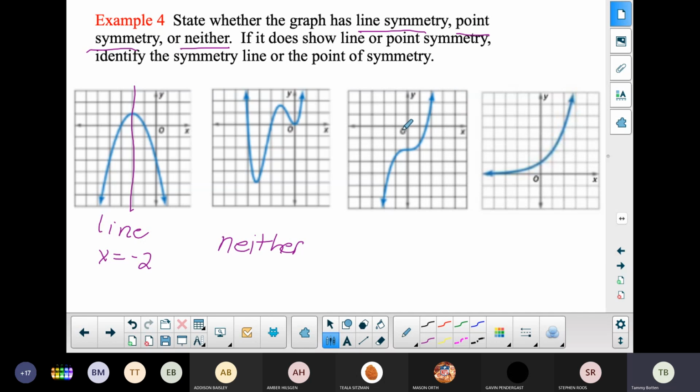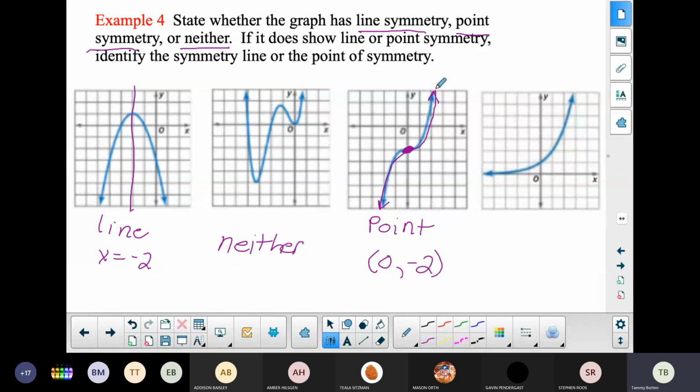Now if I go to this one, I have point symmetry. If I turned it upside down, this section would map onto this section. And so it has point symmetry. And I have to give the point that it would rotate about, and that is the point (0, -2).